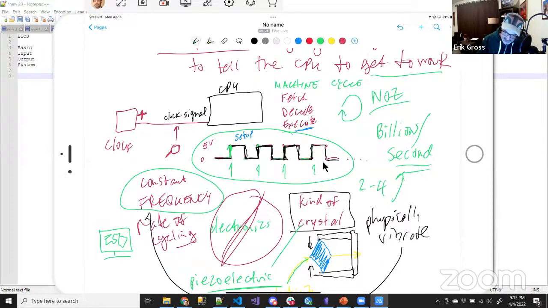And if they had to rely on every single one of these upticks to do instruction, their computer is going to be really slow, especially as regards putting things on the monitor.